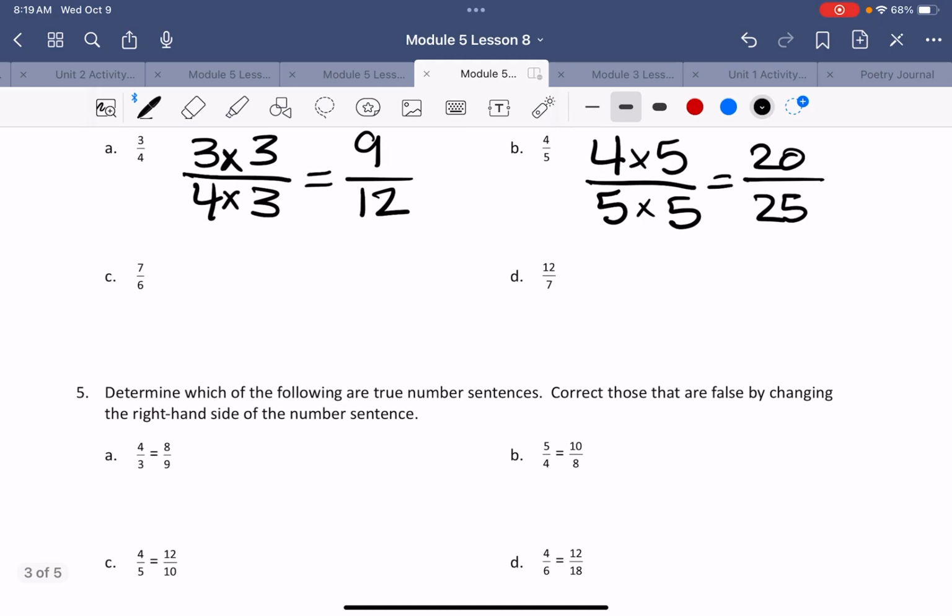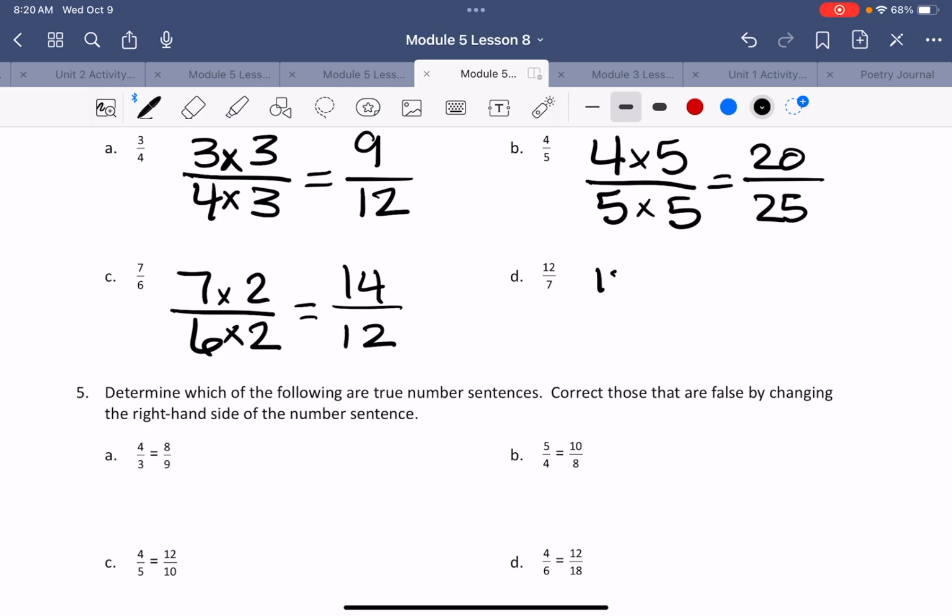Look at C. 7/6. Again, times the top and the bottom by any number 2 through 9. So if I did 2, I would have 14/12ths. 14/12ths is equivalent to 7/6.